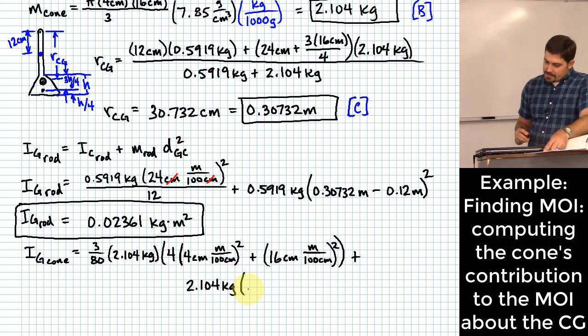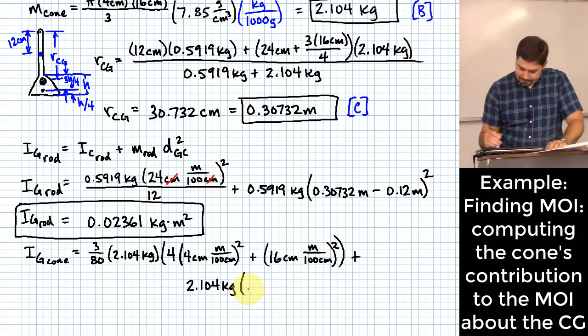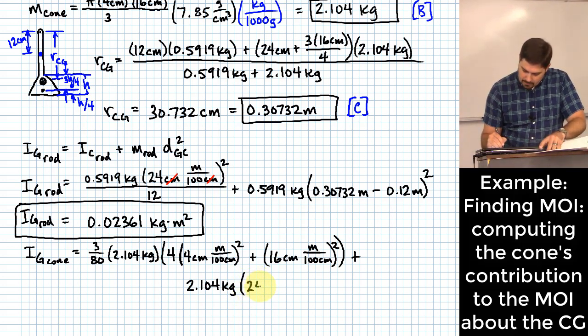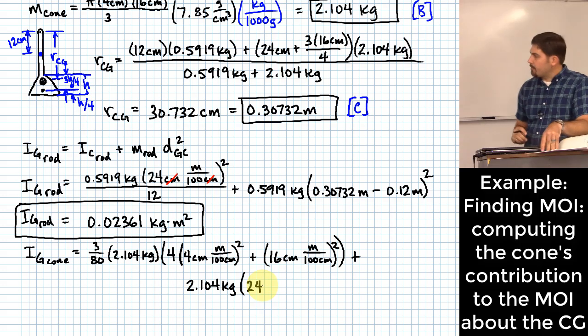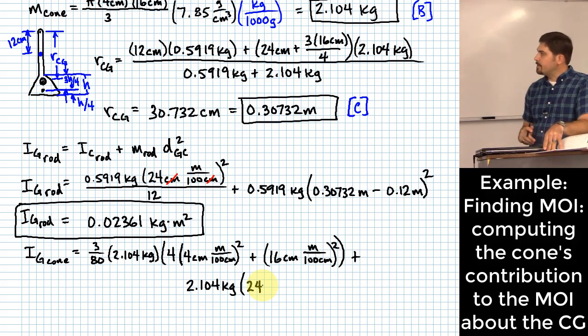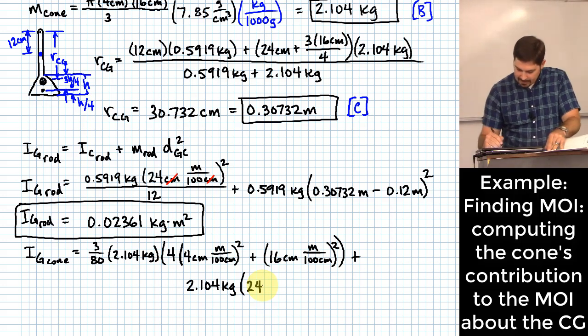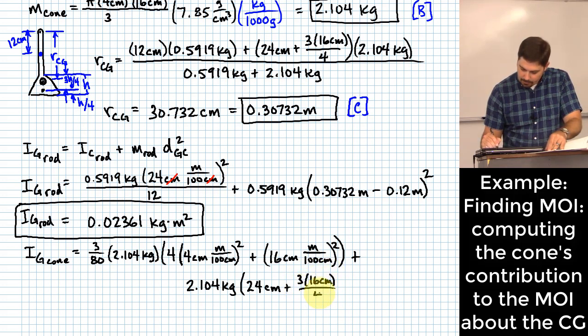Okay, that distance is going to be equal to, first of all I have to figure out how far it is from the pivot point to the CG of the cone. So for that it's going to be 24 centimeters plus 3 times 16 centimeters over 4.